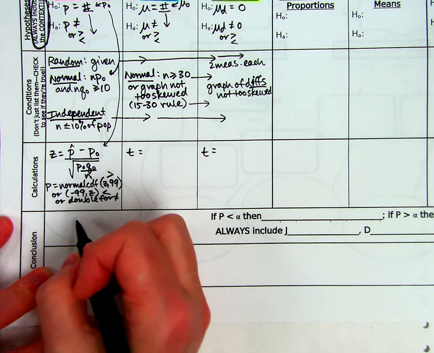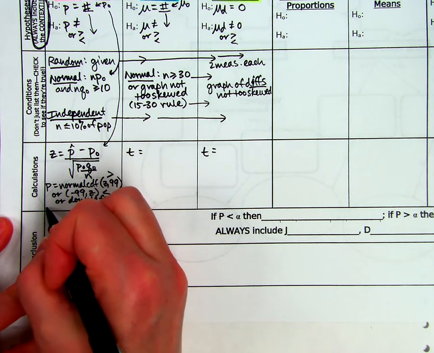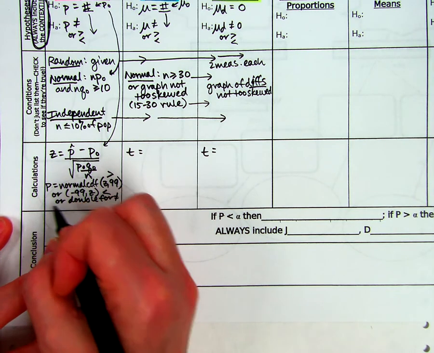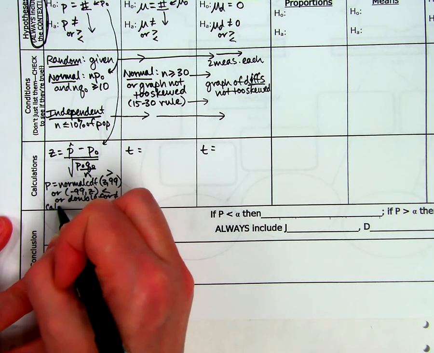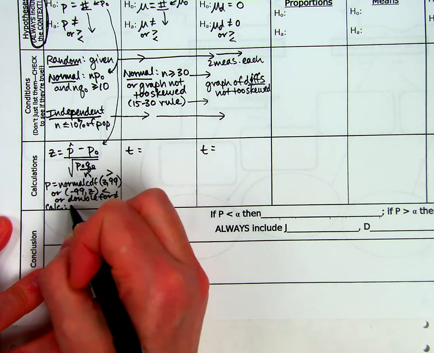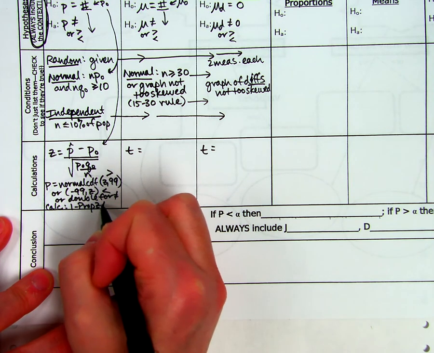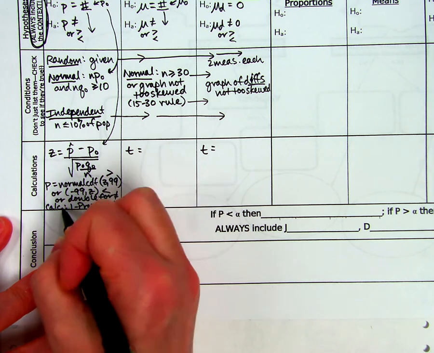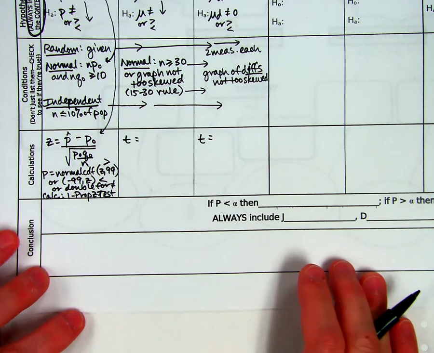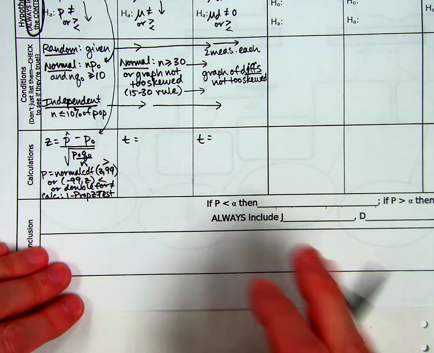And I'm going to squeeze in the calculator shortcut down here. I didn't leave a lot of room, but the calculator shortcut for a single proportion test is called a one-prop Z-test on the calculator. So especially if you have a TI-83 or 84, you'll need that calculator shortcut.